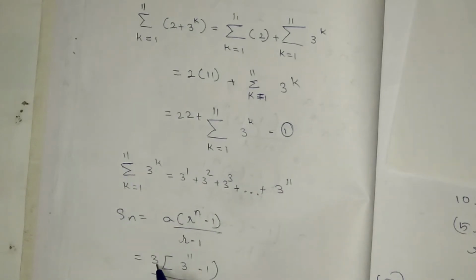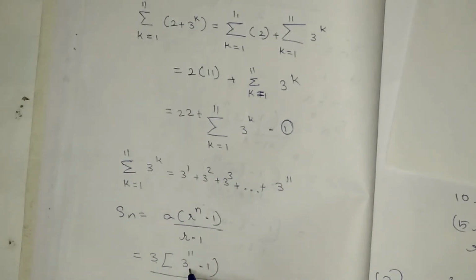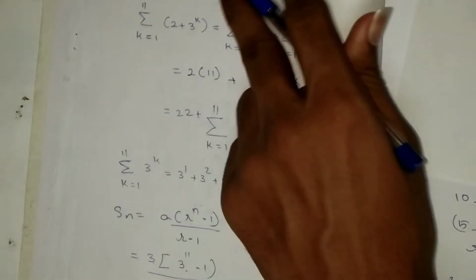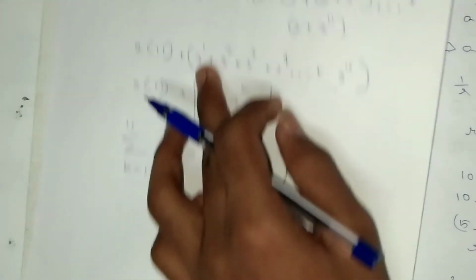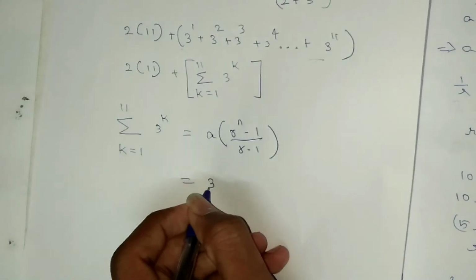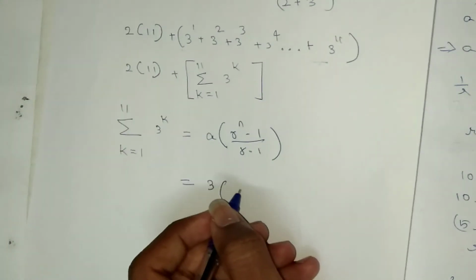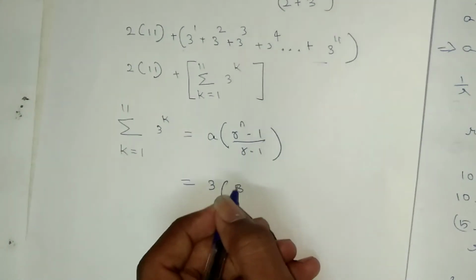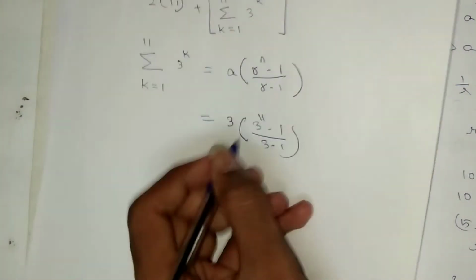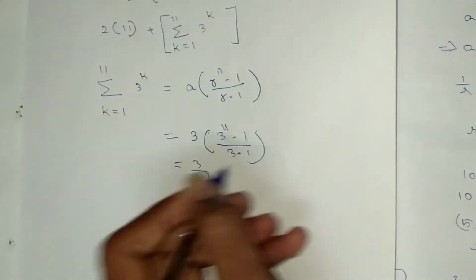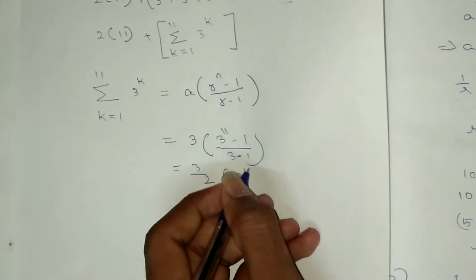Now the value of a is 3 and the value of r is also equal to 3, because we are finding for this particular sequence. So a would be 3 and r would also be equal to 3. So 3 to the power 11 minus 1 divided by 3 minus 1, which is equal to 3 divided by 2 into 3 to the power 11 minus 1.